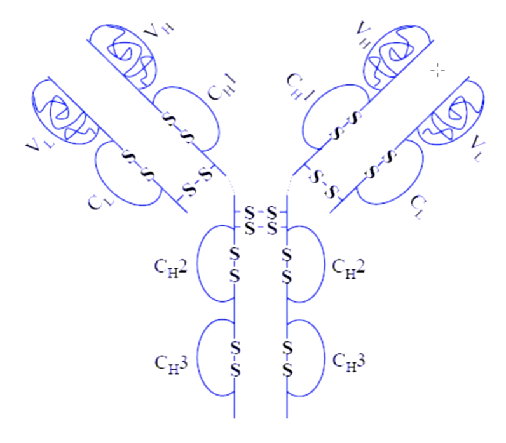Now, if we look at the S's on the antibody, there are SS bonds everywhere. These are known as disulfide bonds, and there are 2 types of disulfide bonds happening in an antibody.